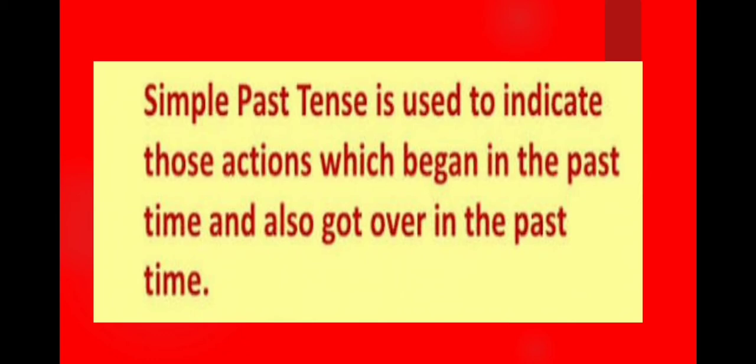So, simple past tense is used to indicate those actions which began in the past time and also got over in the past time. First of all, simple past tense is also known as past indefinite tense. It is used to indicate an action completed in the past. Simple past tense is used to show definite point of time.